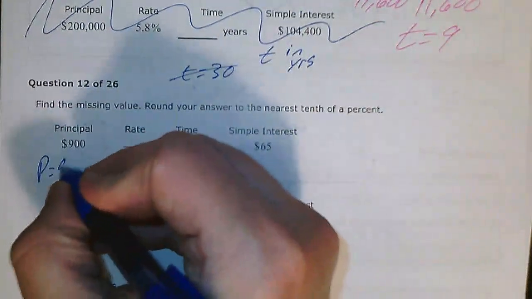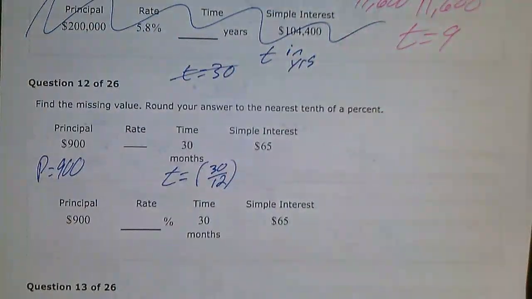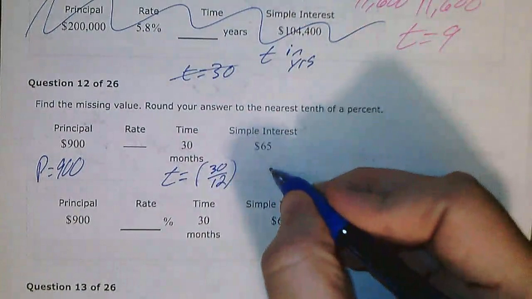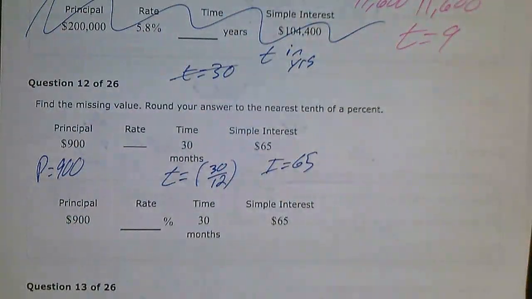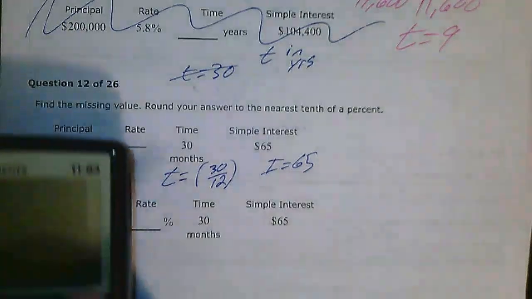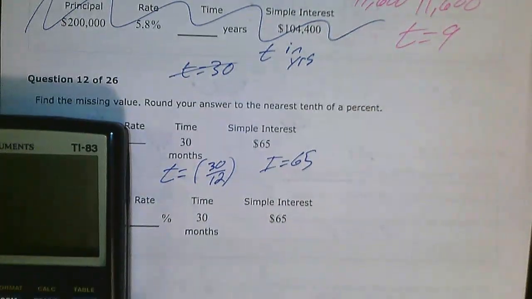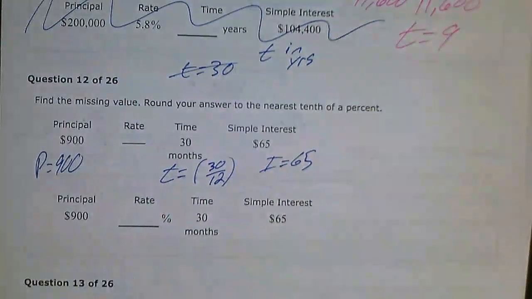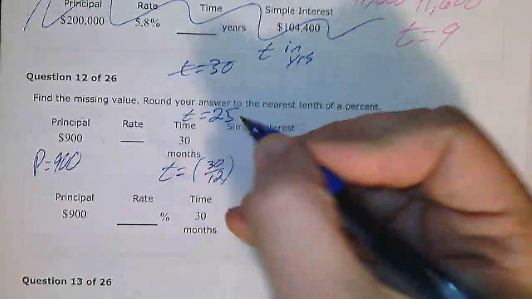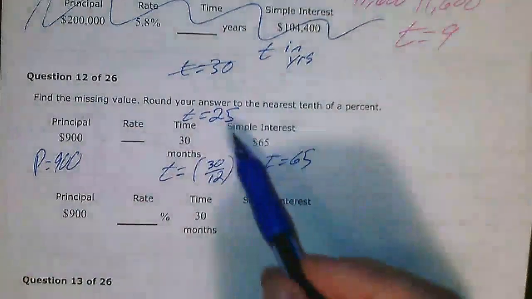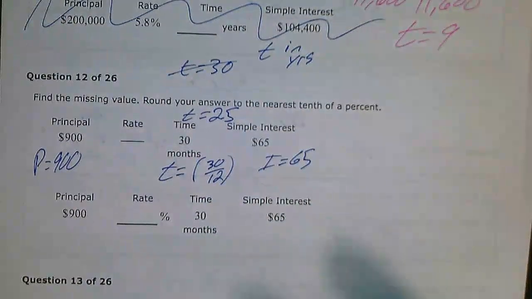Our principal is 900. And our simple interest, I, is 65. So 30 divided by 12. I guess you could also think about it as t is 2.5 years. Either one of these will get you there.